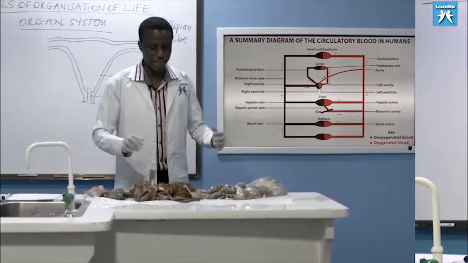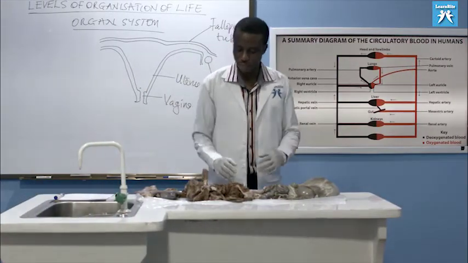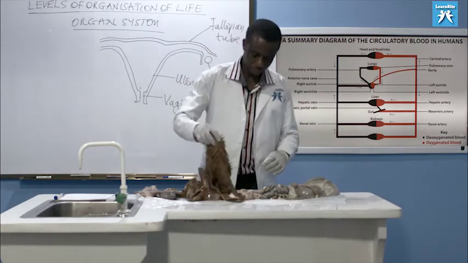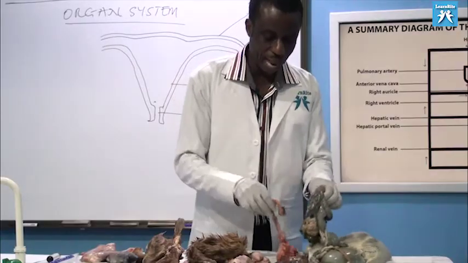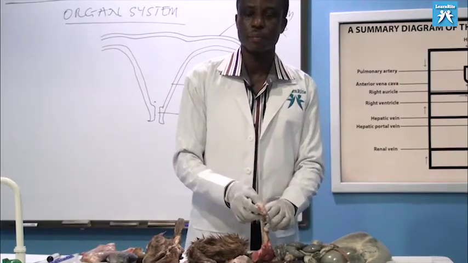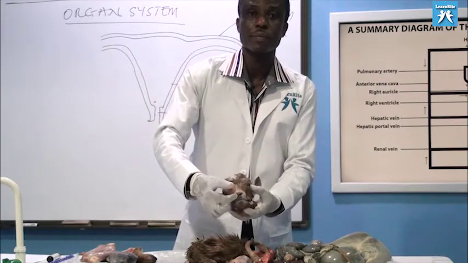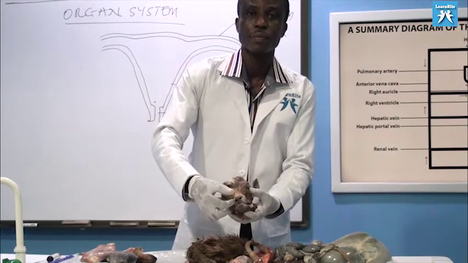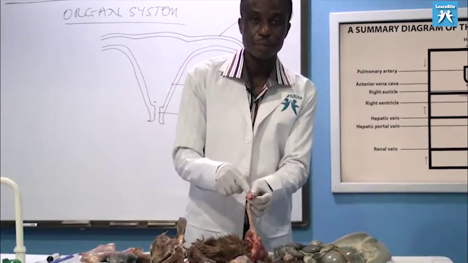Let's move on to another example of an organ system, the respiratory system. Respiratory system made up of the lungs. So don't forget the nostril. Then don't forget your larynx.